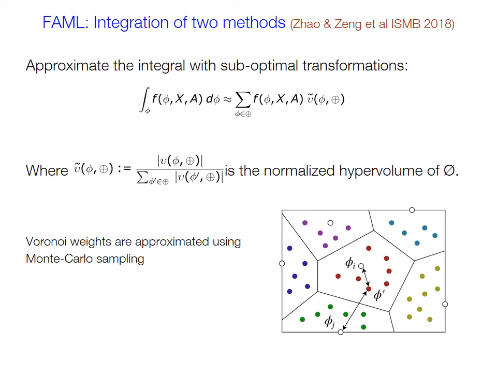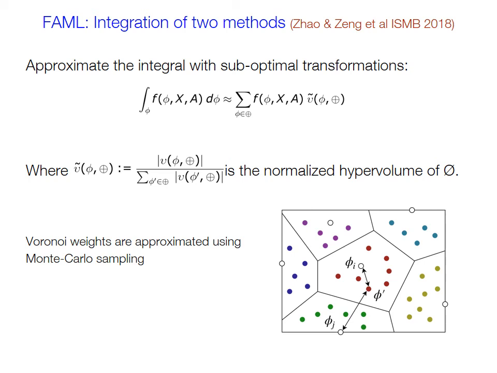We have also published at ISMB a method for integrating our previously invented fast subtomogram alignment method and a statistical model for maximum likelihood estimation of the underlying macromolecular structures through subtomogram averaging.